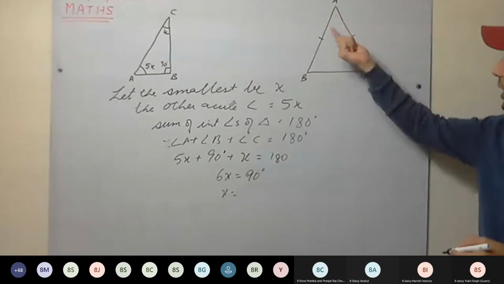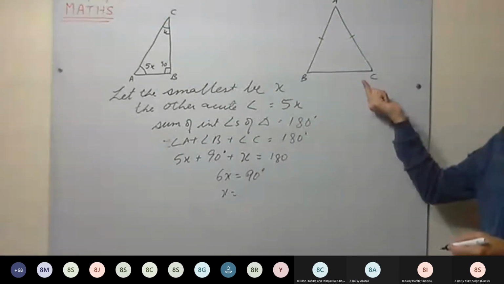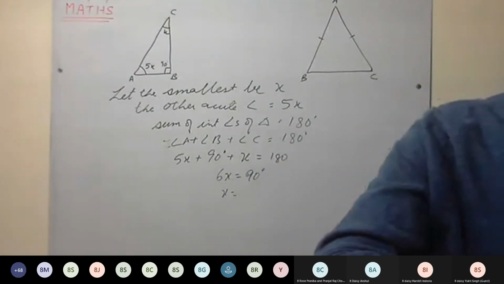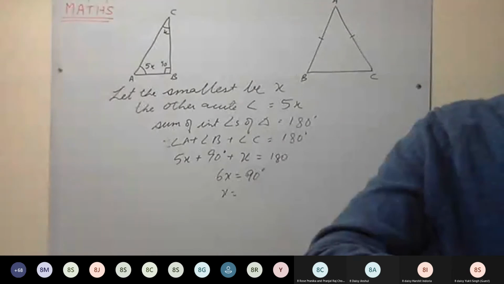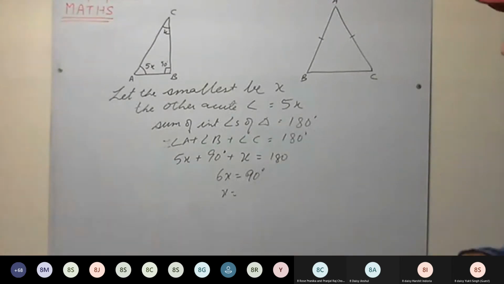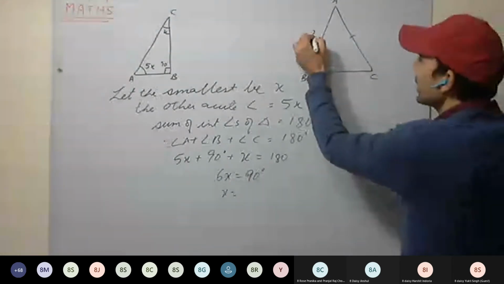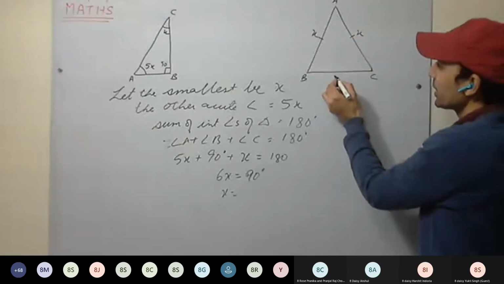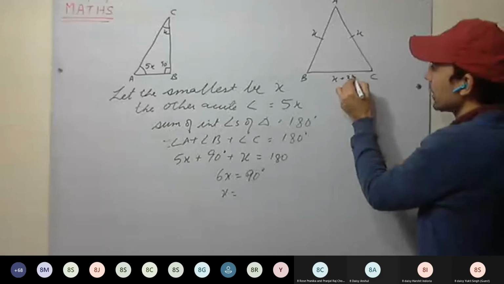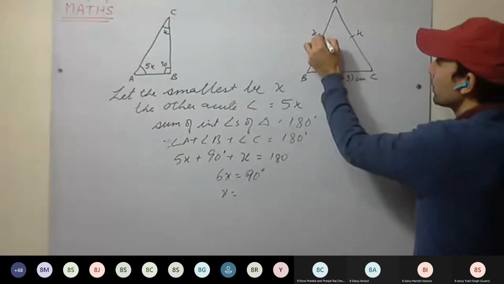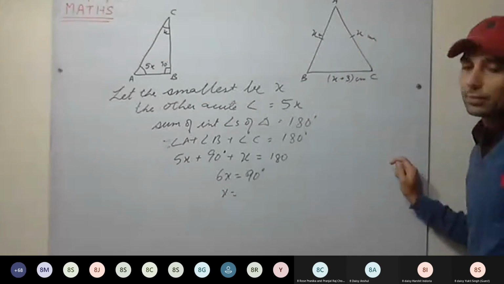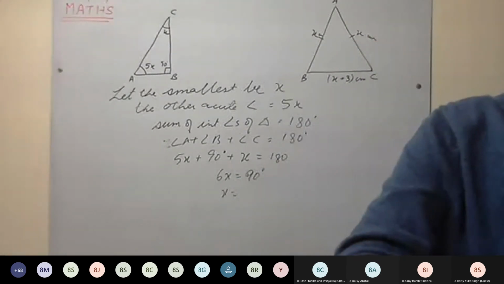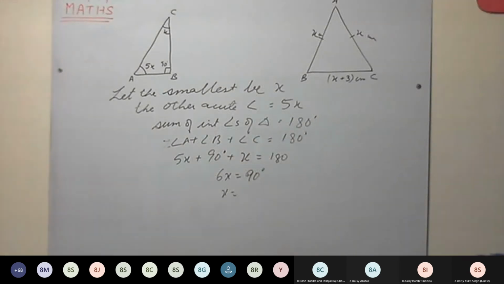So here AB and AC are equal, and BC I'm considering as base. So it is given the base of an isosceles triangle is 3 centimeters longer than each of the other sides. So if I'm taking this as X, AB, this will be as well X, and BC, 3 centimeters more.